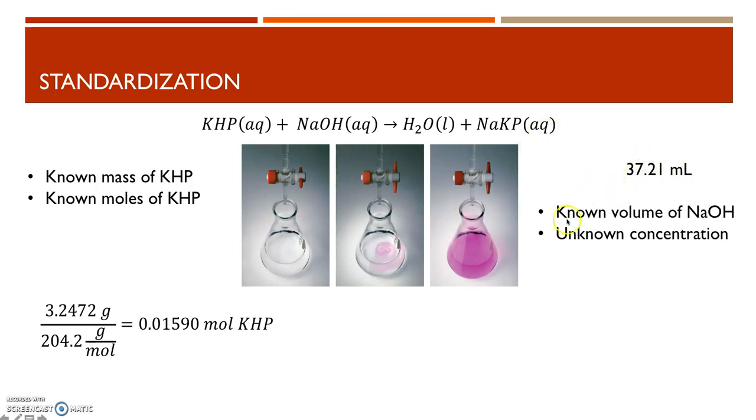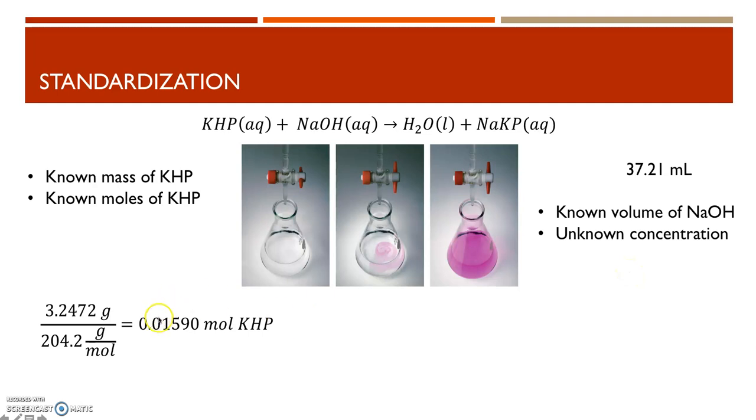Therefore, I have a known volume of NaOH, but I have an unknown concentration. I have an approximate concentration just based on the mass of sodium hydroxide that I weighed to make my solution, but I don't really know precisely what it is. So that's what we're solving for here, the unknown concentration of sodium hydroxide.